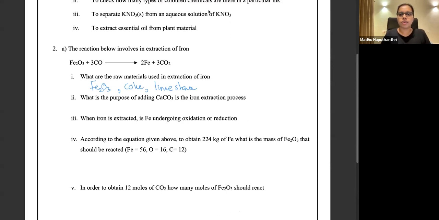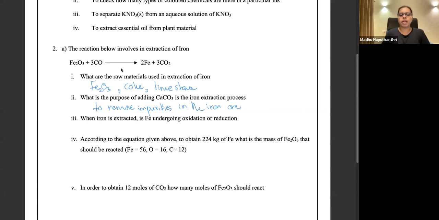If I write a simple thing like this, to remove impurities in the iron ore, does it make sense? To remove impurities?